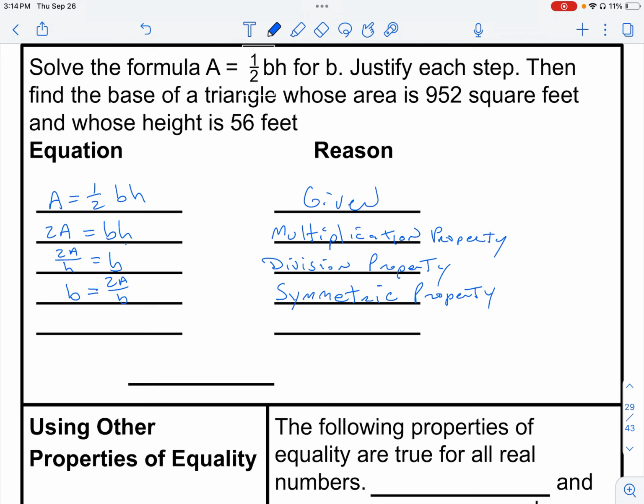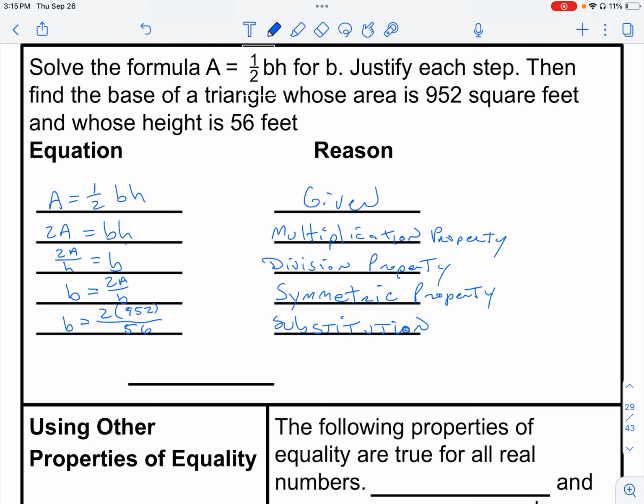So now that we got b equals, now let's substitute in our numbers. So we get b equals 2 times 952 divided by 56. That's our substitution property.